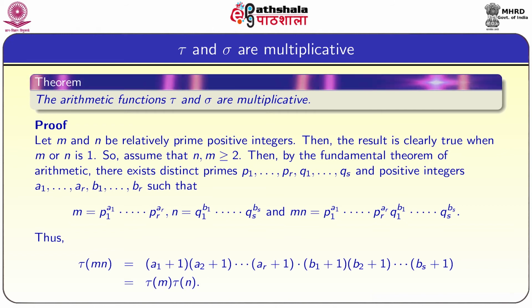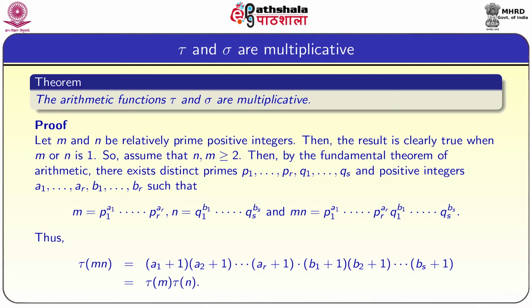The arithmetic functions tau and sigma are multiplicative. Since m and n are relatively prime positive integers, in order to show the multiplicativity we need to choose two integers which are relatively prime. Then by the previous result, the claim is clearly true when m or n is equal to 1. So, assume that m, n are greater than or equal to 2.